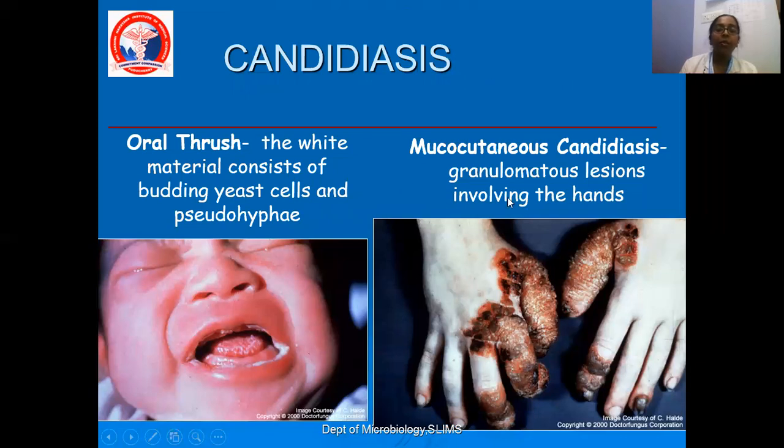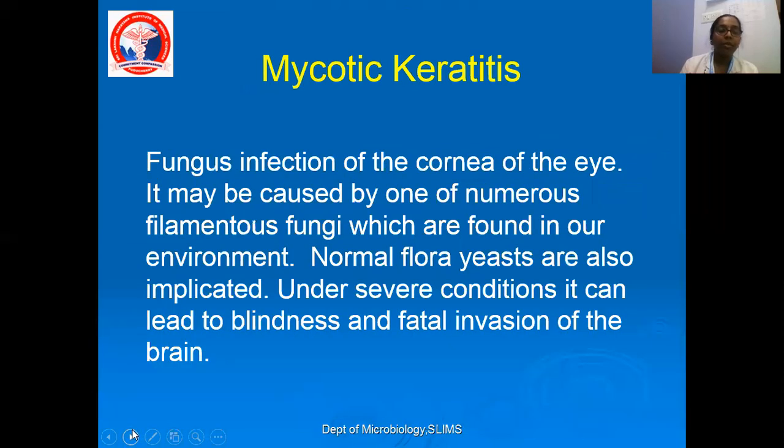Then this is a mucocutaneous candidiasis on the skin of the hand. Mycotic keratitis is a fungal infection of the cornea of the eye. It may be caused by numerous filamentous fungi.